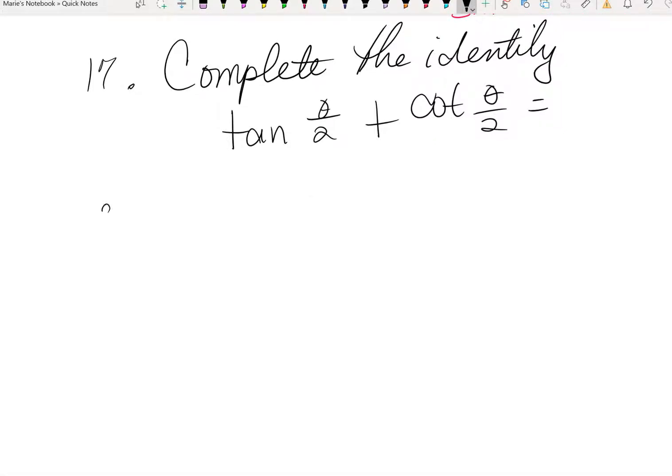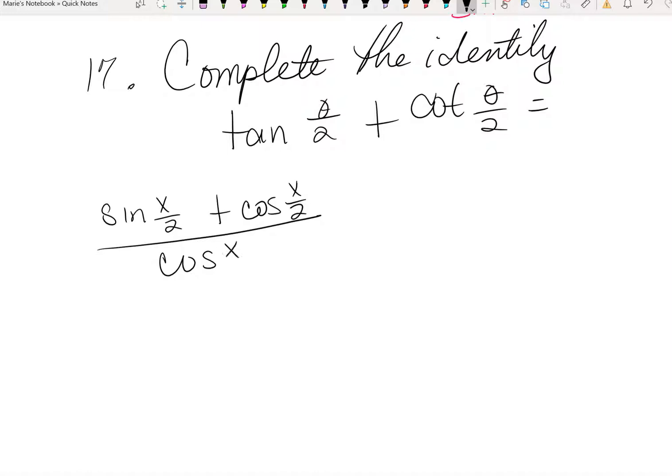Okay, so if I have sine x over 2 plus cosine x over 2 over cosine x over 2 times sine x over 2.